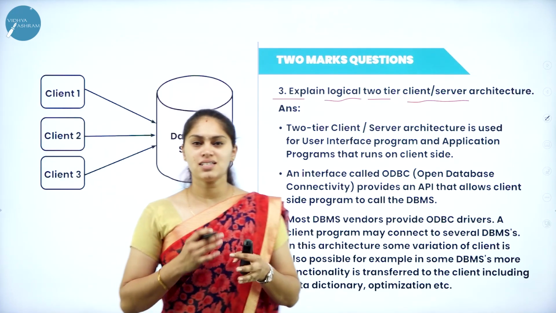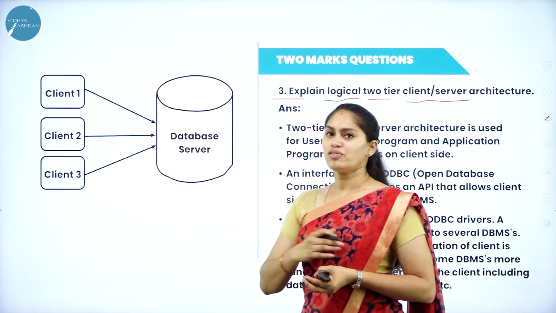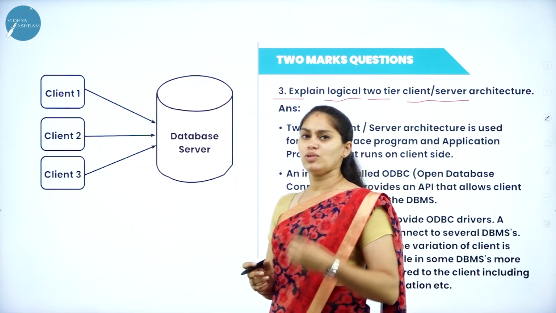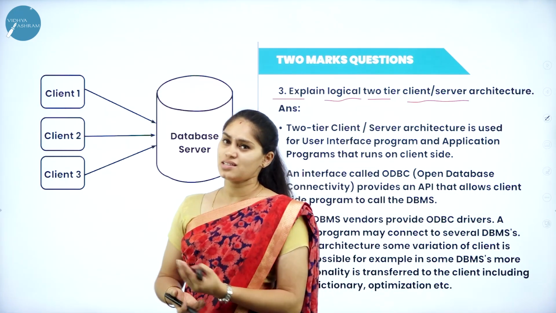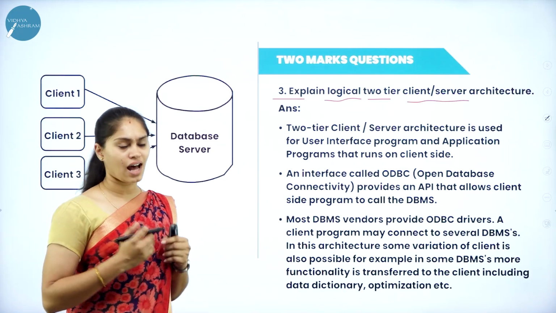Here it is somehow like a master-slave. The server will be there and a number of clients will be there. They are just going to approach the server, and this server will help the clients to process their requirements. So that is what two-tier client-server architecture is.